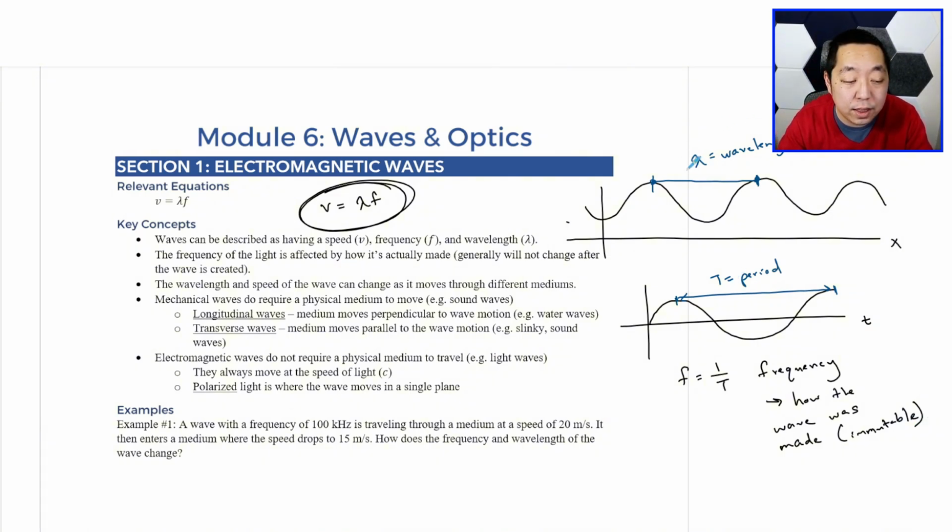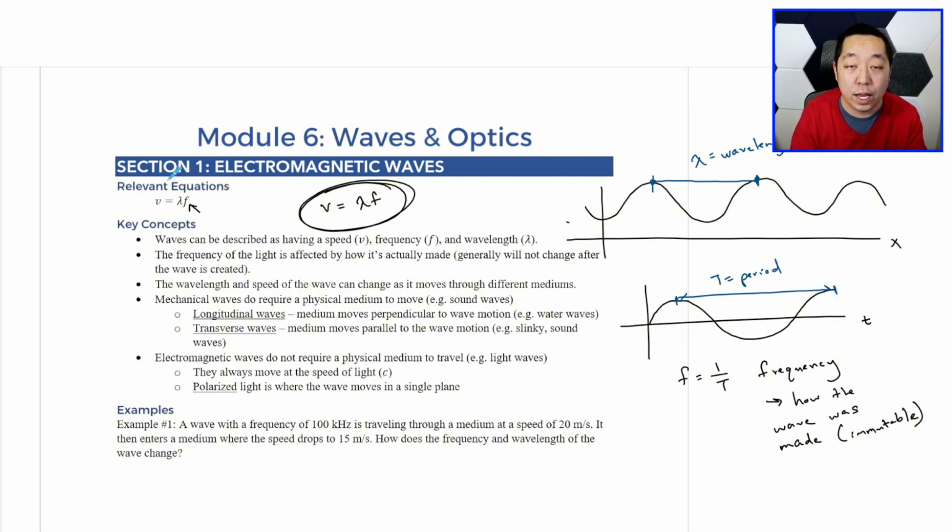However, the wavelength and the speed certainly can change. So in terms of this formula, f is a fixed value. Once you've created a wave, it has a set frequency, and it's going to maintain that frequency no matter what happens to that wave. The things that can change are the velocity and the wavelength. And that happens when the wave enters a different medium.